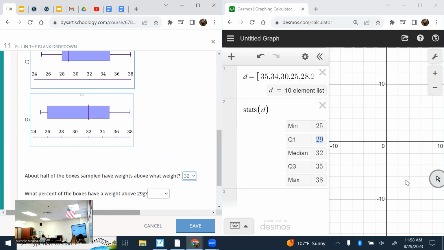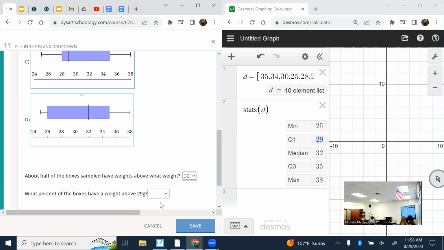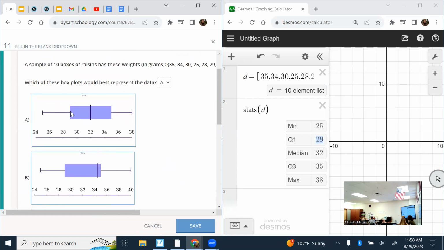So that's the answer for that one. And then what percent of the boxes have a weight above 29 grams? Well, I'm going to go back up and look. The 29 is here on the box plot. So what percent is above the 29? 75%. Because remember what splits the data into percents on a box plot?